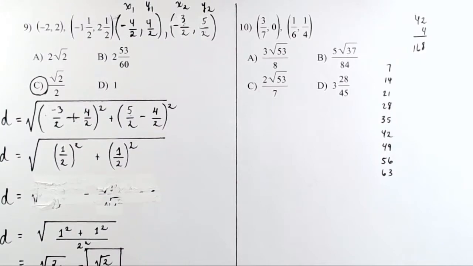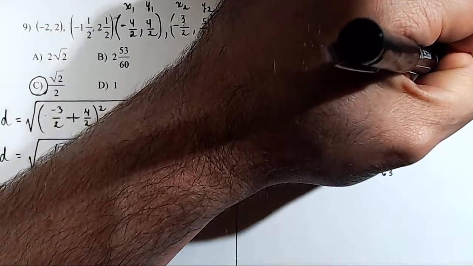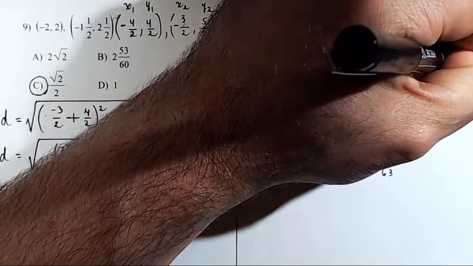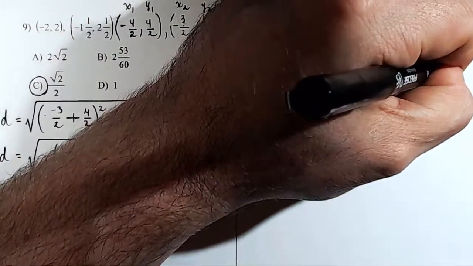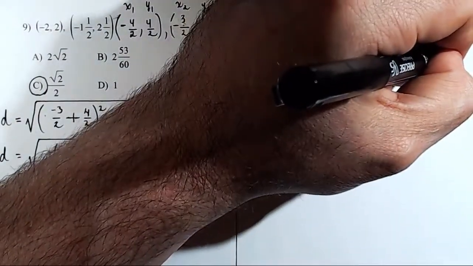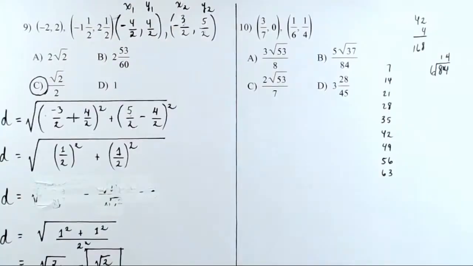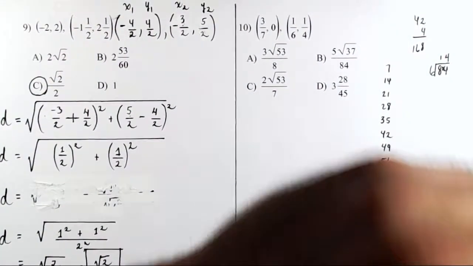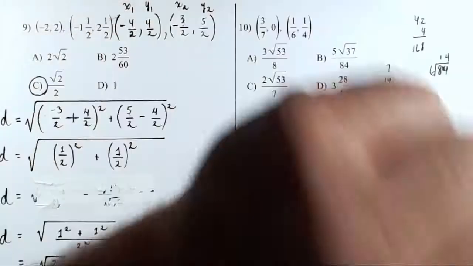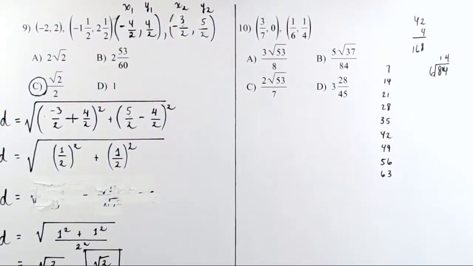Oh, it's got to be 84. Please tell me 84 divided by 6 is something. Yeah, 14. Yep. Okay, so it's going to be 84.